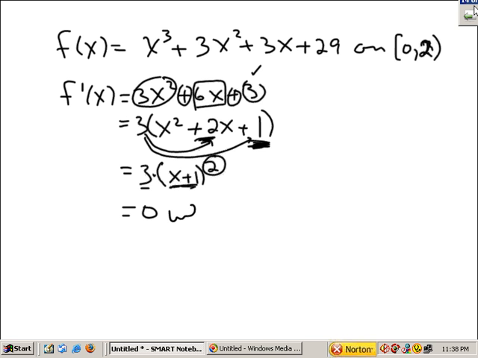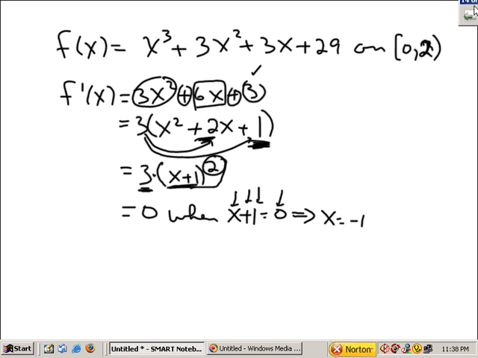It can equal 0 when either 3 is 0, which is never true, or when x plus 1 squared is 0. Well, what do you square to get 0? 0. So x plus 1 must be 0. But that implies that x is -1. After all, if x is 1, 1 plus 1 is not 0. It's -1.